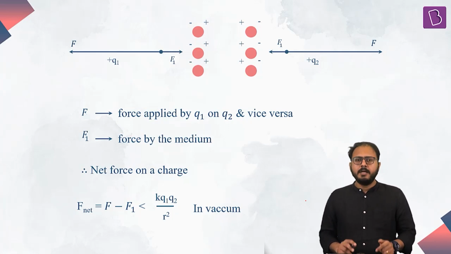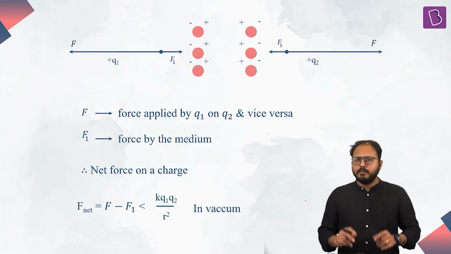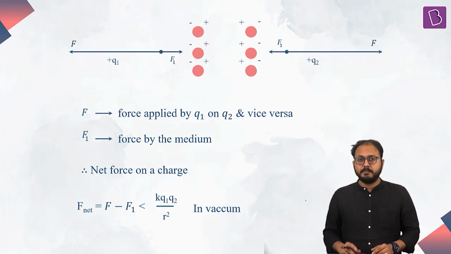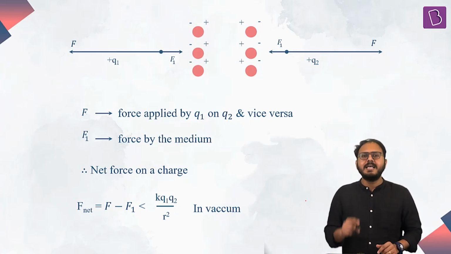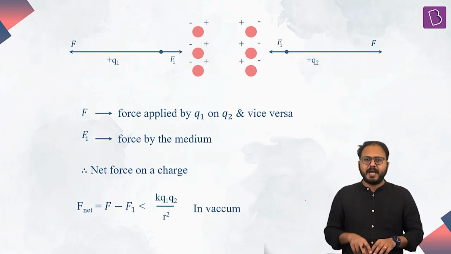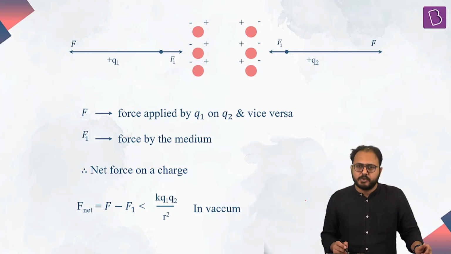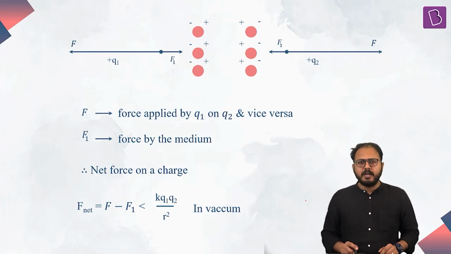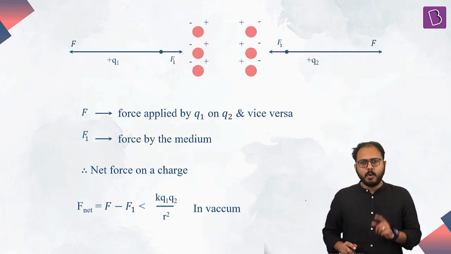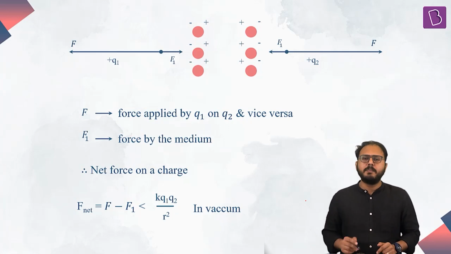I'll repeat. When two charges are in vacuum, let's say the force is F between them. When you put them in a medium, the force between them is still F, but the net force on each charge is different because the medium participates in applying forces on the two charges individually. Hence, as shown in the diagram, the net force on each charge involved is a vector sum of two forces, one due to the other charge and one due to the medium.